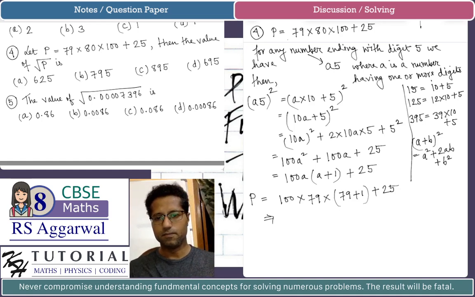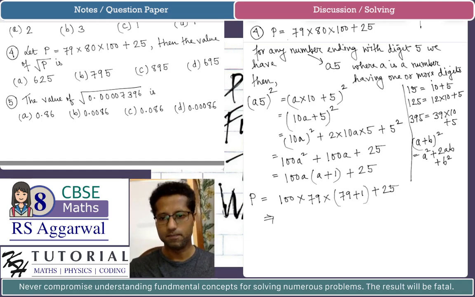Now the given number p is given to be 100 into 79 plus 1 plus 25, so this clearly implies that for the number p, the A of p will be equal to 79.